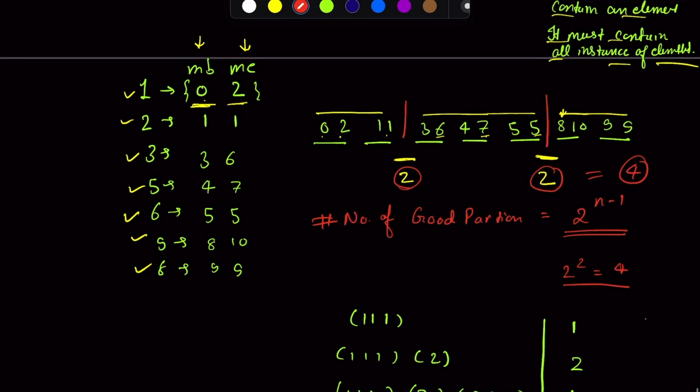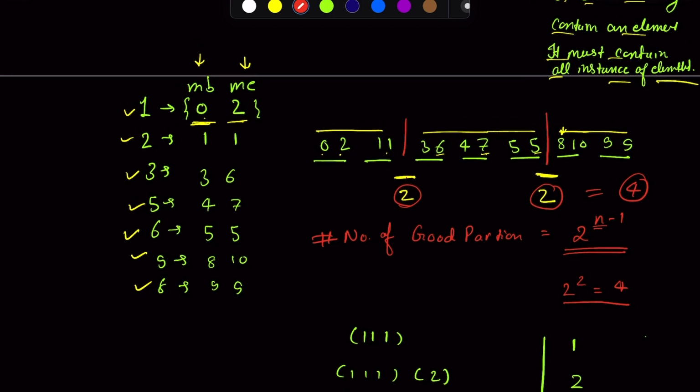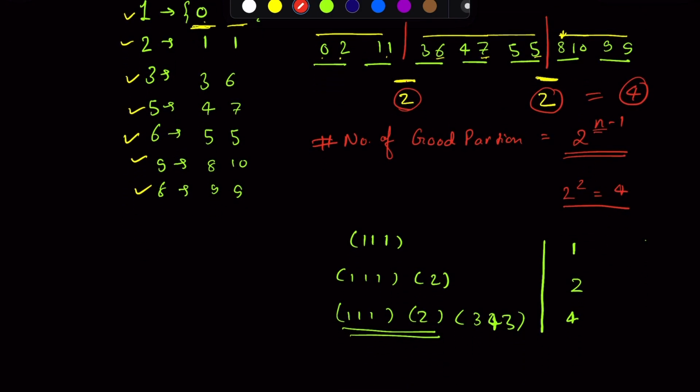So the formula we get is 2 to the power n minus 1, where n is the number of subarrays which we get after merging the overlapping intervals. Another way to look at it is if you have one subarray, there is only one good partition possible, that is when all the elements are included in it. Let's say you have two subarrays after merging overlapping intervals, then you have two possible choices.